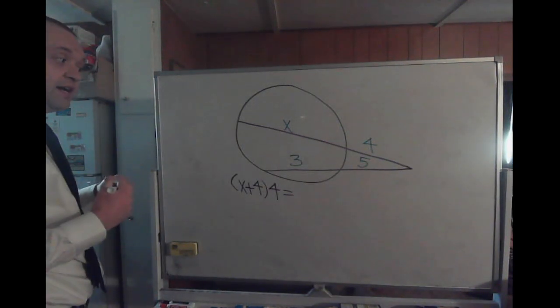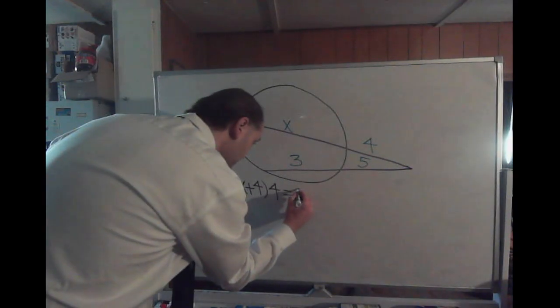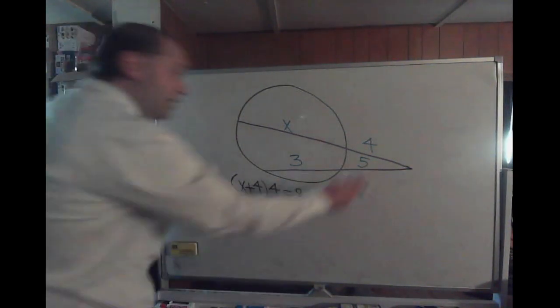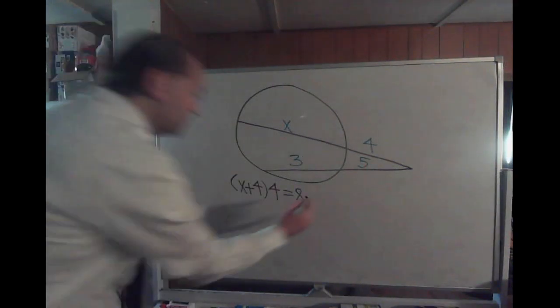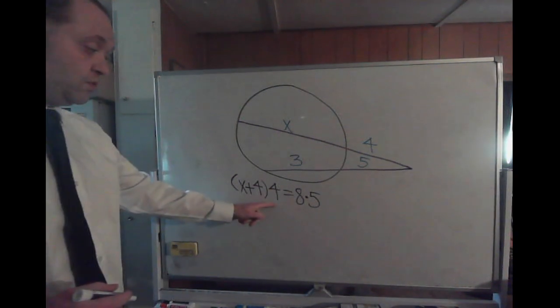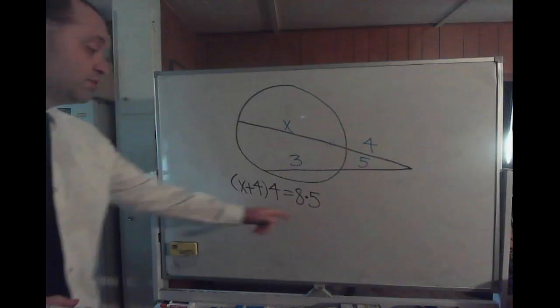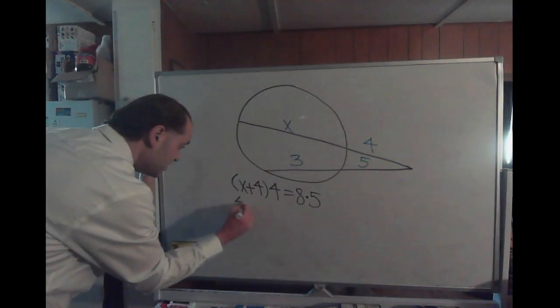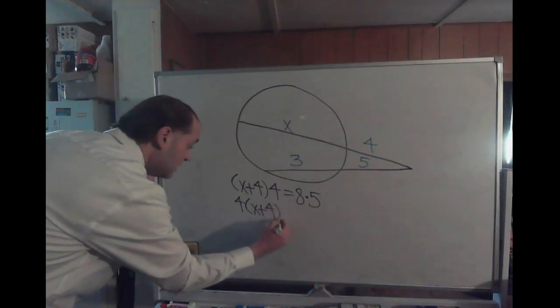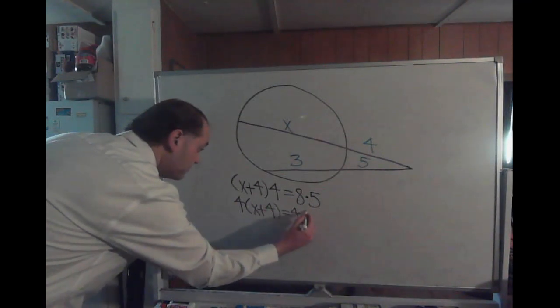Then you're going to set that equal to the length of the whole other secant segment. You have 3 and 5, that's 8, times the length of just your outer segment here of the secant, which would be times 5. So we have x plus 4 times 4 is equal to 8 times 5. This would turn into 4 times x plus 4 is equal to 40.